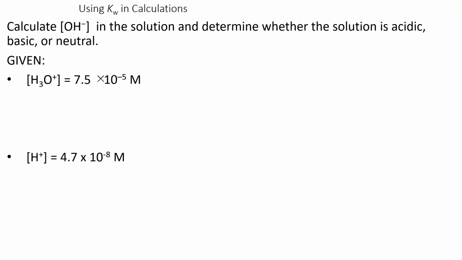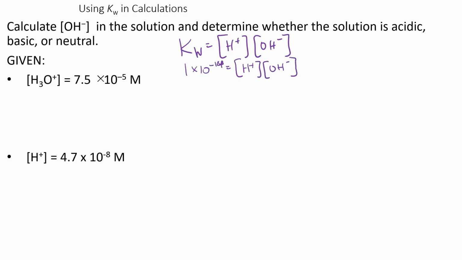All right, so using Kw, let's calculate the hydroxide in the solution and determine whether the solution is acidic, basic, or neutral. I know that my relationship is Kw is equal to the H plus times the OH minus, and that Kw is 1 times 10 to the negative 14. We're just going to plug in what we know.